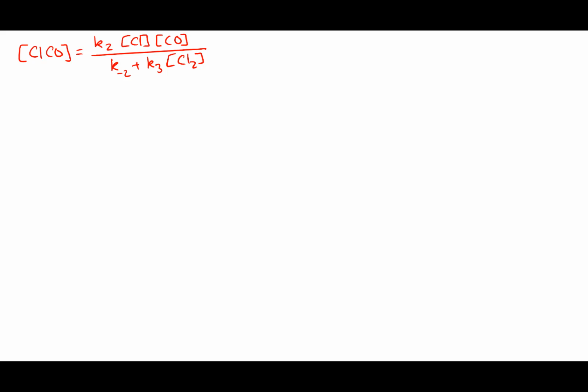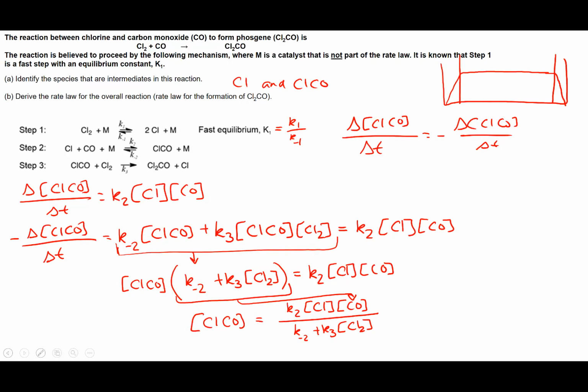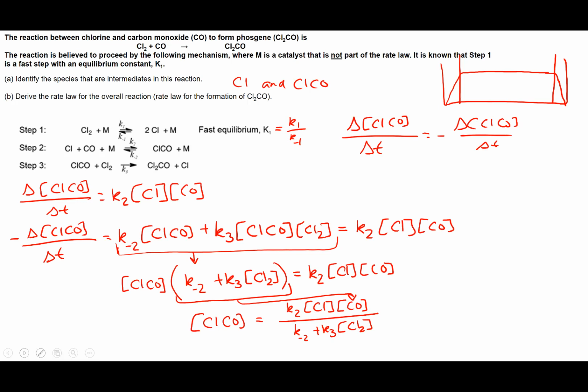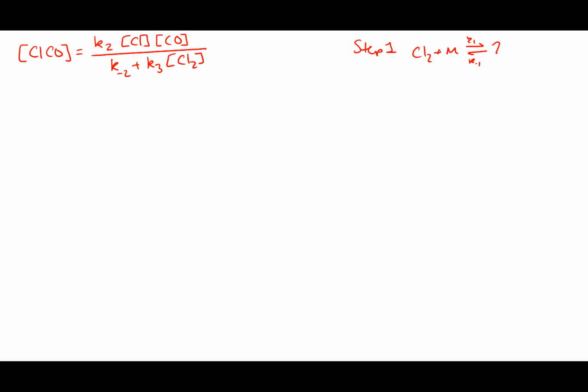And so from step 1, the reaction that we have is Cl2 plus the catalyst M, K1 over K minus 1, is going to form 2Cl plus M in this case right here.